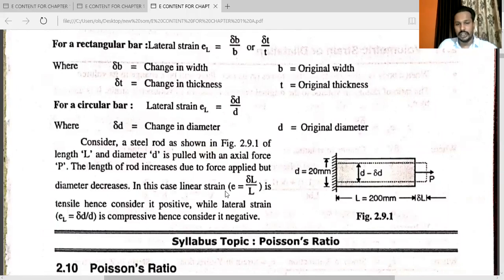So in this case, linear strain is equal to delta L upon L. And lateral strain, perpendicular to the applied load, is delta D by D. Here you will get a negative sign because there is a decrease in diameter, or you can say it is compressive, so the sign will be negative.